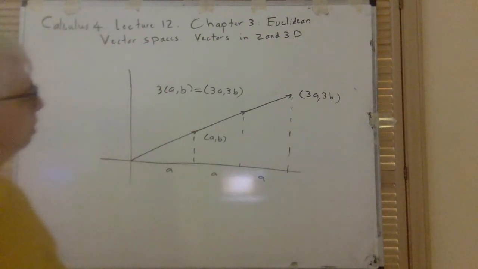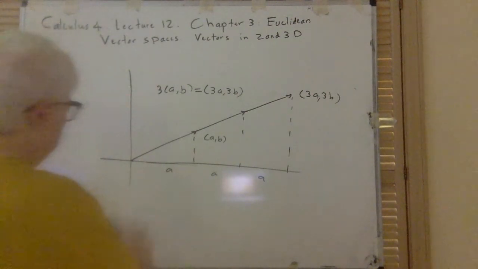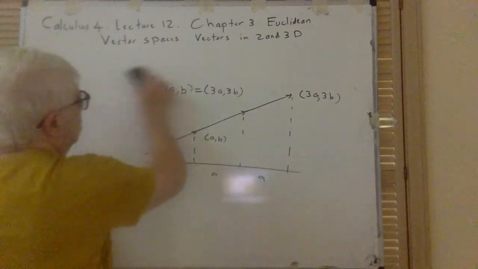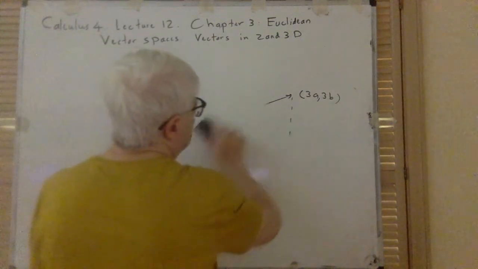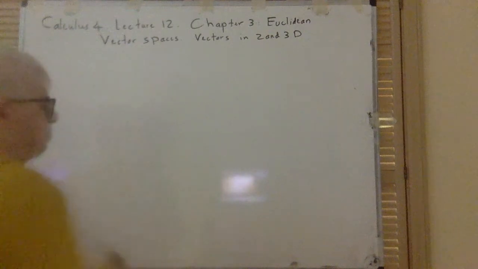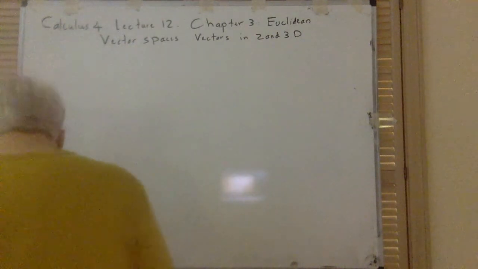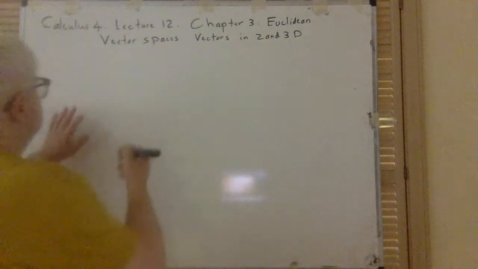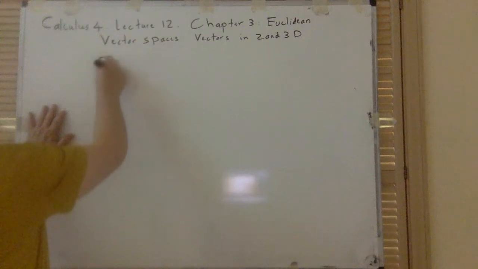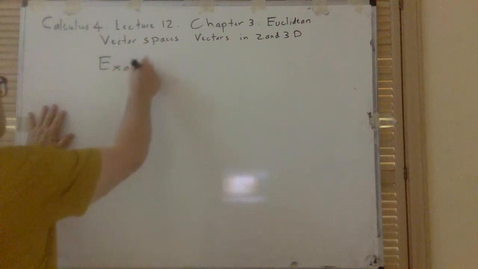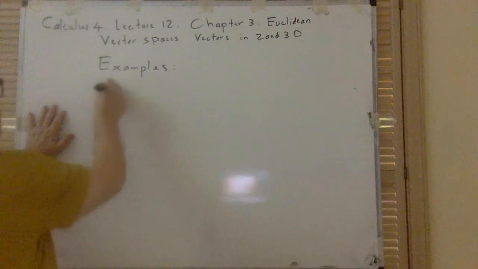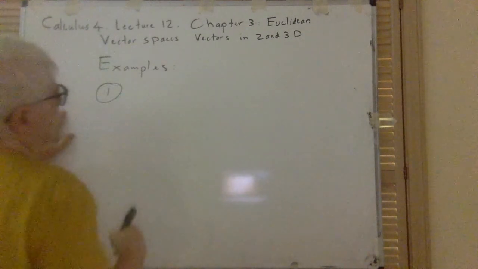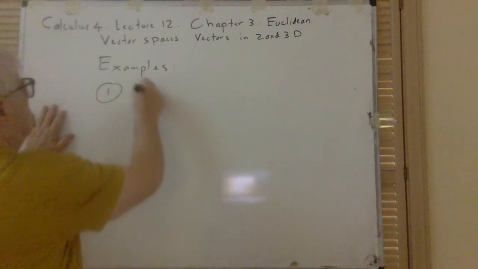But first of all, since we are still in 2D and 3D, let me give you some examples. Well, let's just add some vectors. We can add vectors in 2 or 3D.